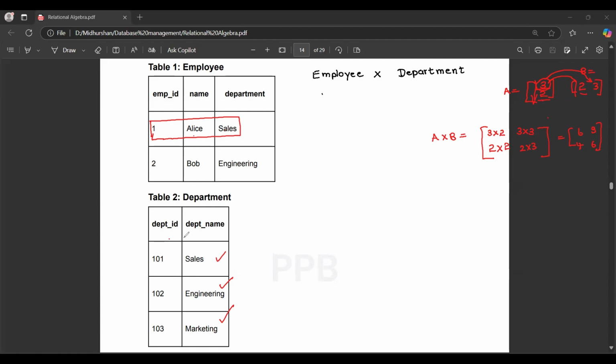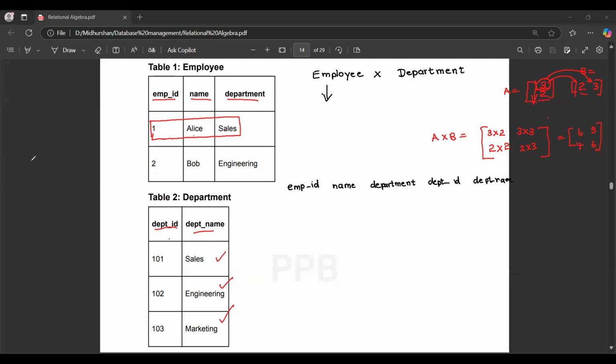What will happen to the column names? You don't have to worry about that. You have 3 columns here and 2 columns here, so there will be a total of 5 columns. Let me show you how the resulting relation will look: emp ID, name, department, department ID, and department name.